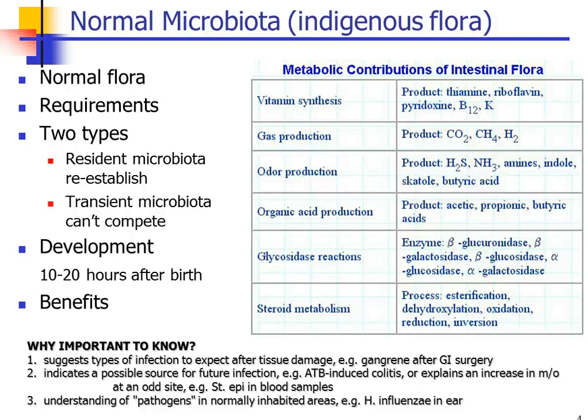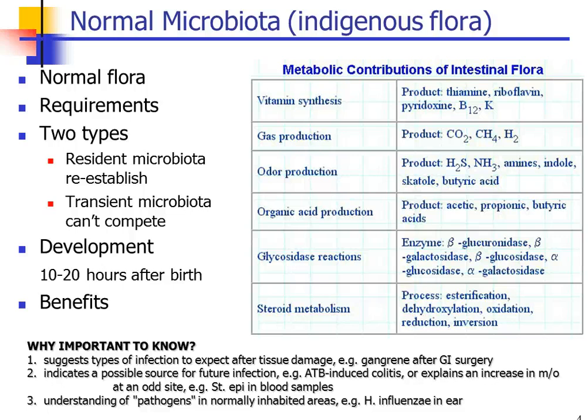Those are major organisms that are in the gut. So there's some predictive ability then by knowing what your normal flora are in different areas of the body as to what types of infections you've got.